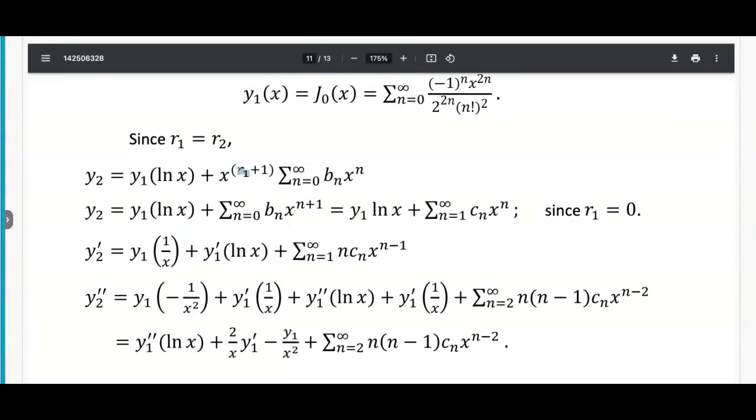Since r1 equals 0, this is just in general n plus 1.